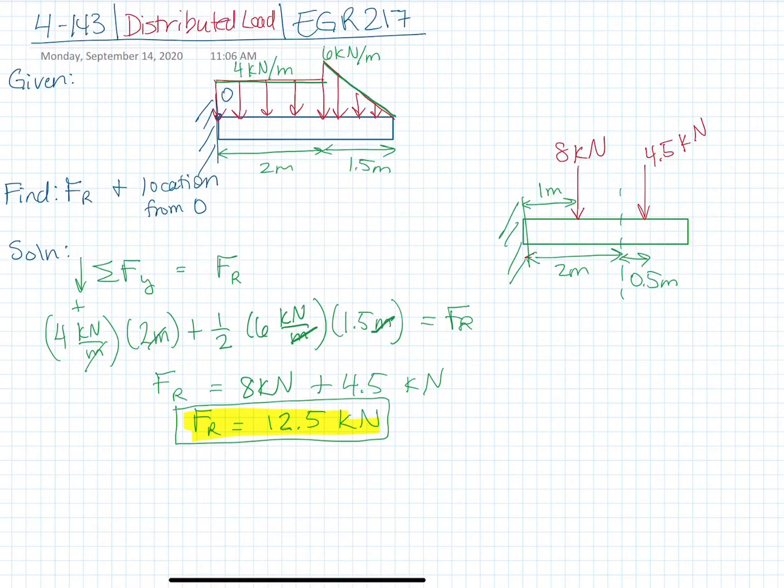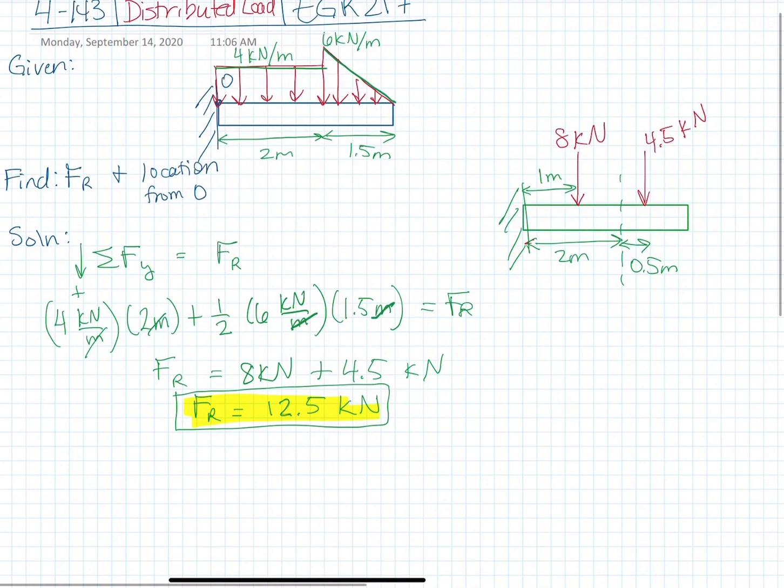And so now we can just do moments to figure that out. If we sum the moments about point O, I'm going to make into the board positive because they're all in that direction.